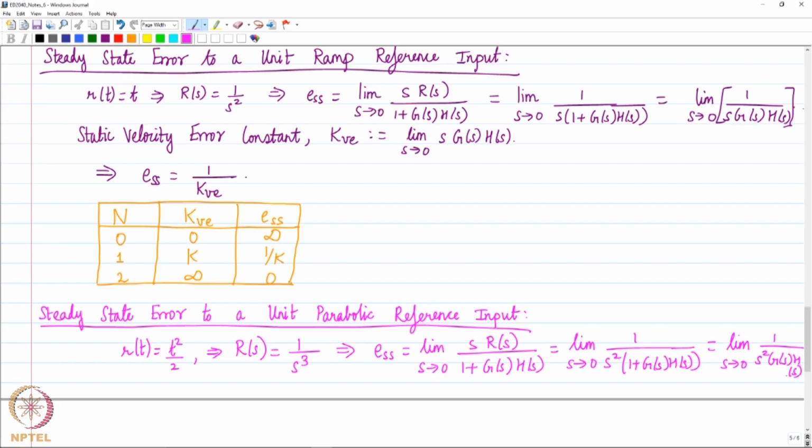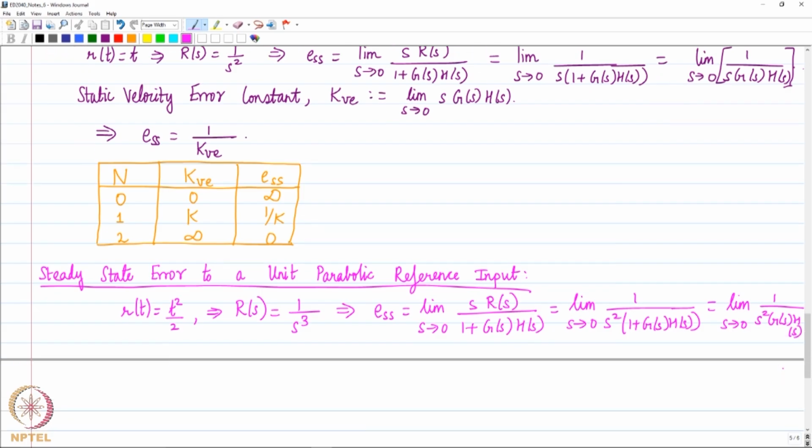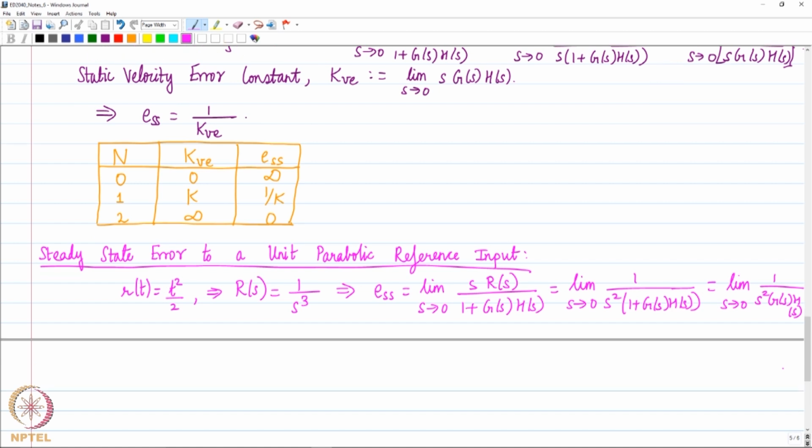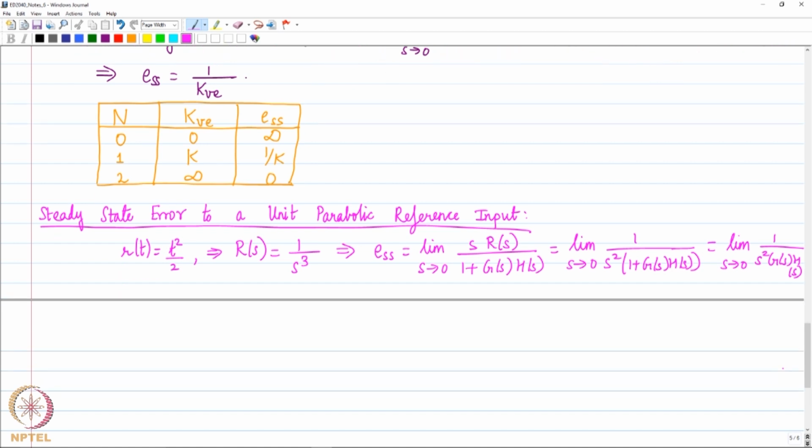Same process, nothing different. Please stop me if I am making an error somewhere.